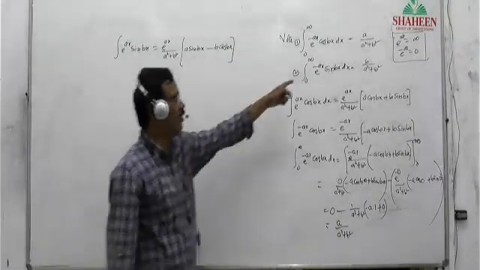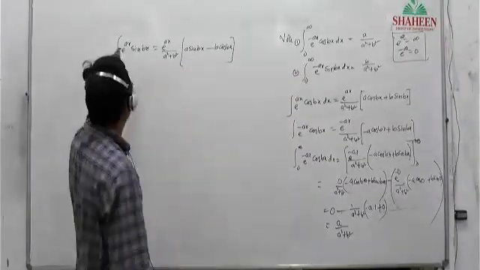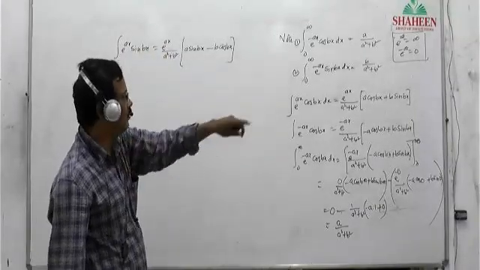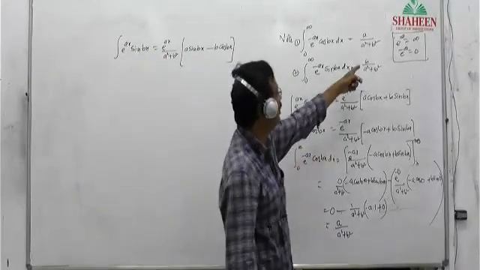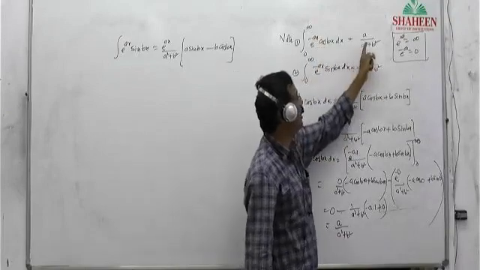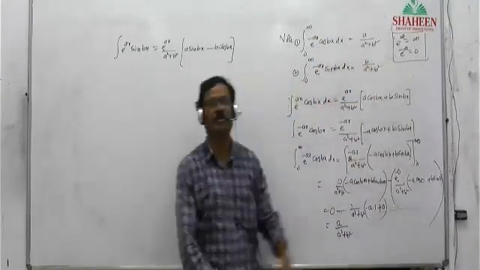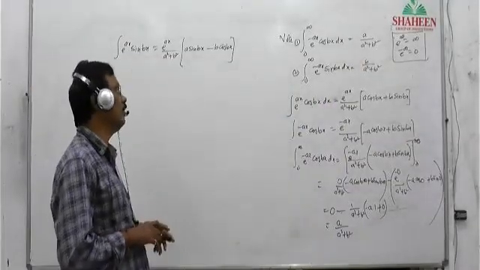For this problem, there is a minus a, so keep minus a, keep the upper limit minus the lower limit, and we get the answer b by a square plus b square. That is the difference. We have to remember these also.